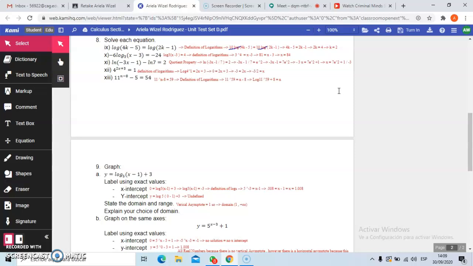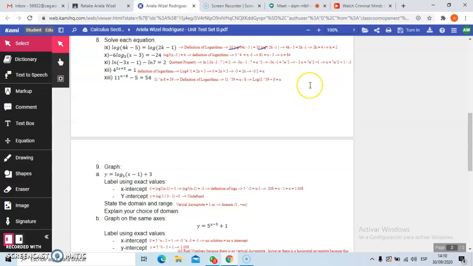Now I have to solve for x, and I multiplied by 7 on the other side because it's dividing on the left side, so it's multiplying on the right side.